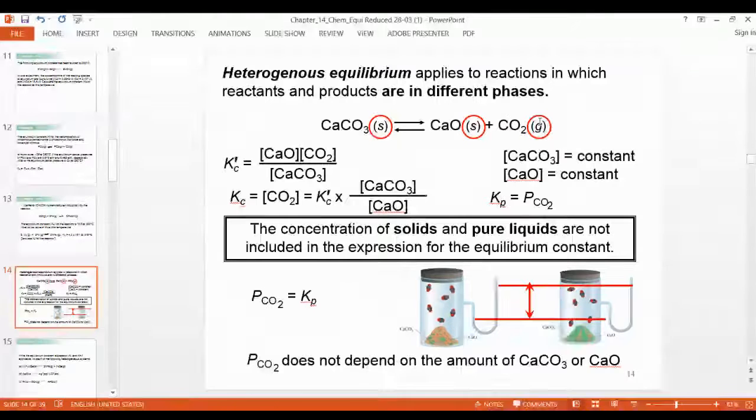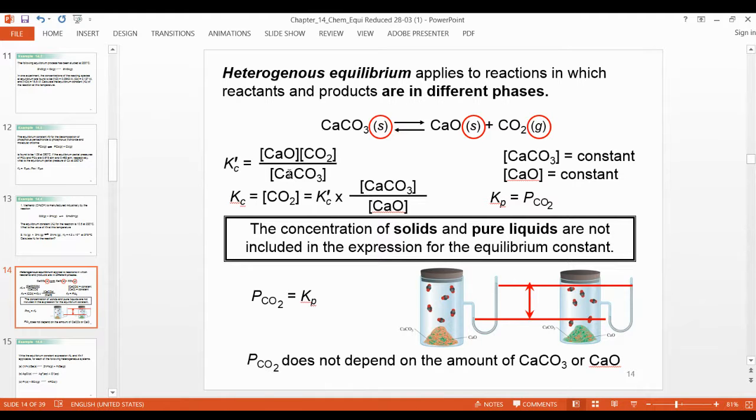Solid, liquid, and gas. So you will write the simple calculation Kc prime because these are constant. When you write the equilibrium constant, you never write the solid because a solid does not affect the reaction. So that's why we write K prime for calcium oxide, carbon dioxide, calcium carbonate: product over reactant raised to the power of the coefficients, and the coefficients are 1.